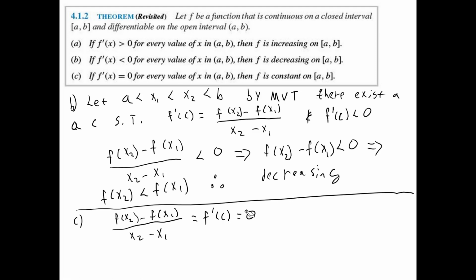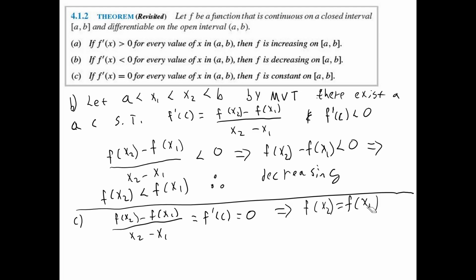And so then you can go through the algebra, multiply both sides by x2 minus x1, and then add f of x1 and show that f of x2 will be the same as f of x1. And then what that shows is that it is always the same thing, and so that means it's constant.